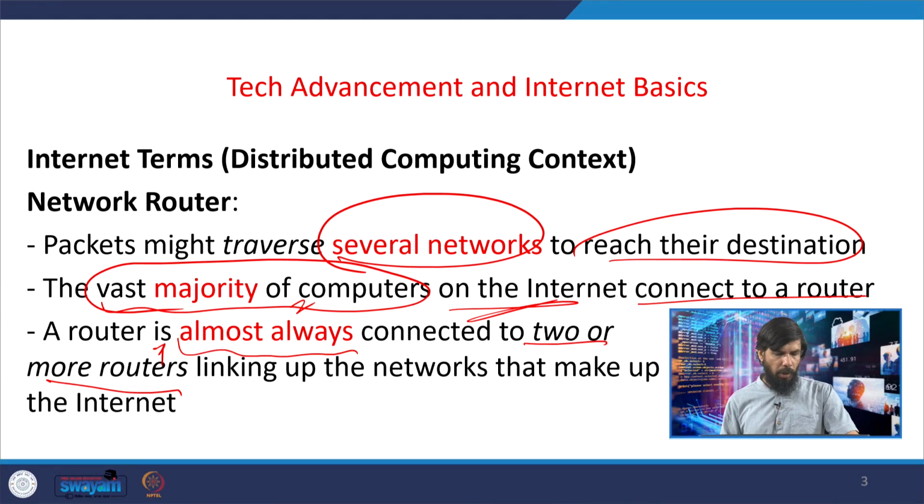Then we talked about how computers are more likely to be connected to a router. There are other means also, but more likely to a router. Similarly, routers are more likely to be connected to two or more routers, and that whole thing makes up the internet, makes the communication and the relay of packets possible.